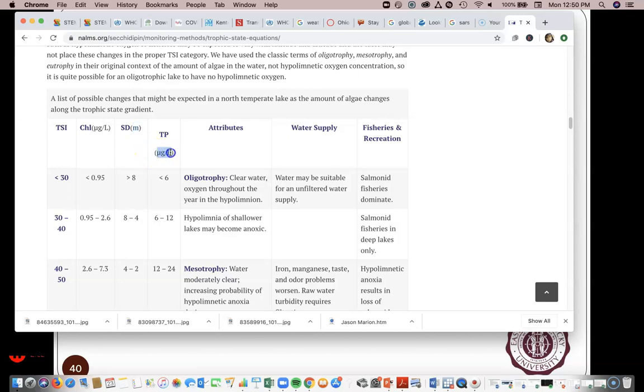Phosphorus, the units for phosphorus are in micrograms per liter, parts per billion. That is not milligrams per liter. If you record it, and the spec provides milligrams per liter, it's really important to switch it to micrograms per liter. It's very important.